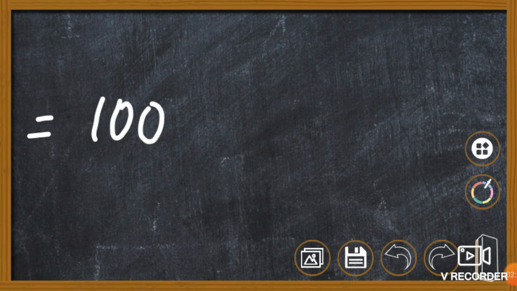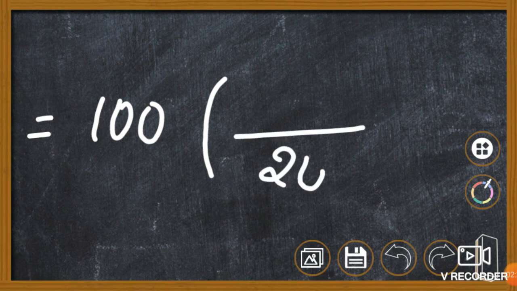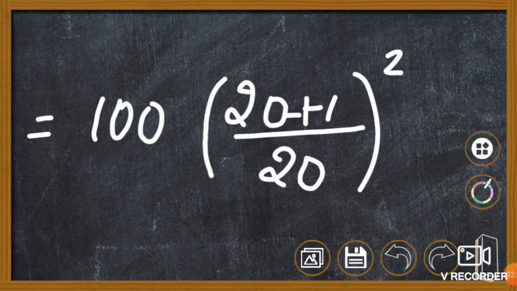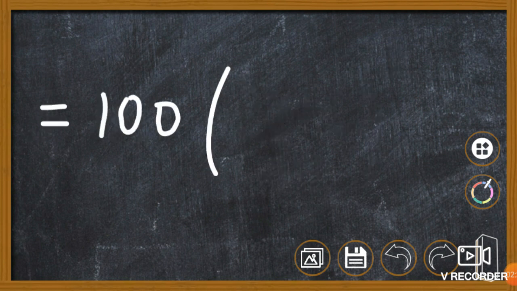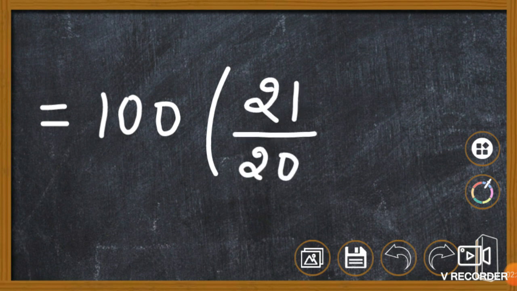Take the LCM. The LCM will be 20, and in the numerator it is 20 plus 1, whole square. In the next step, 100 into 21 by 20 whole square.